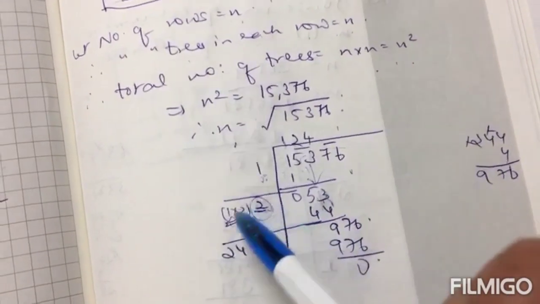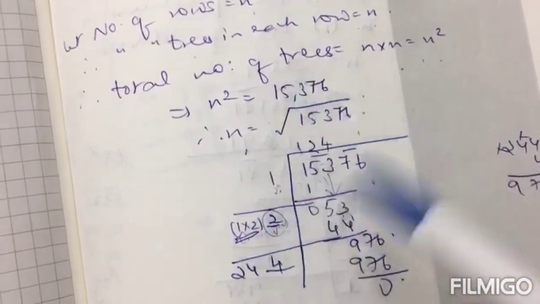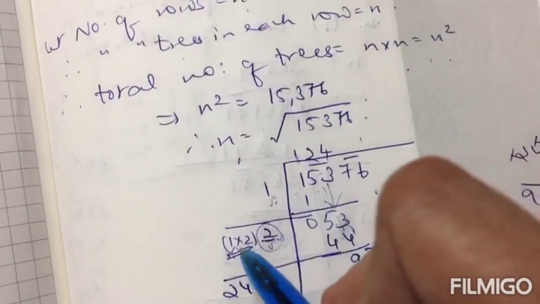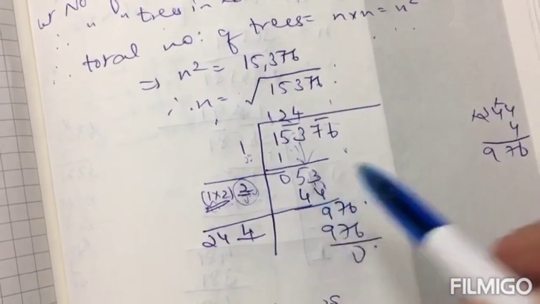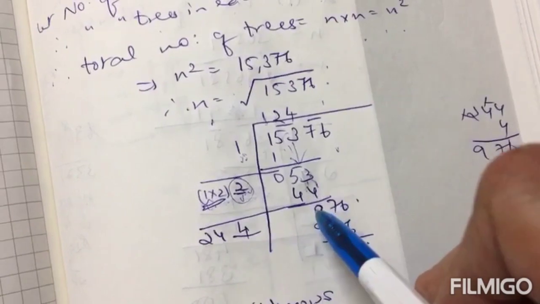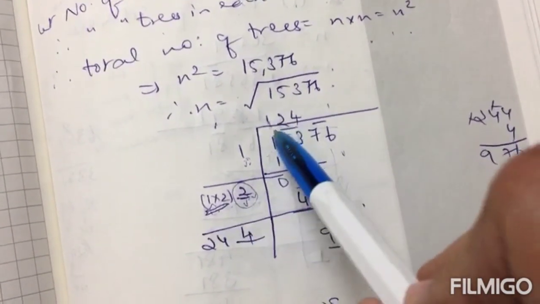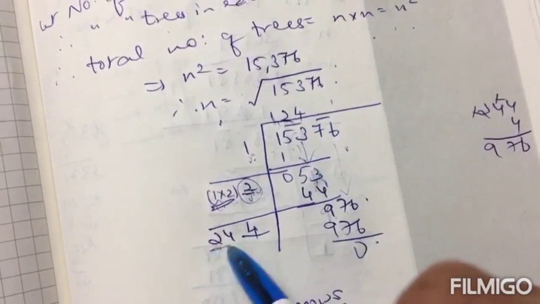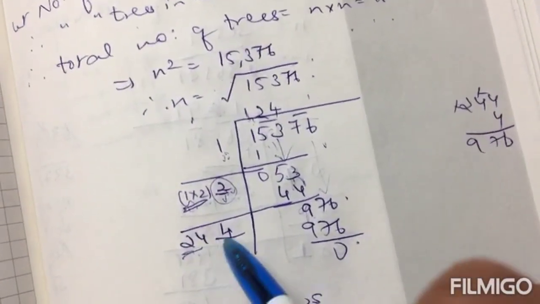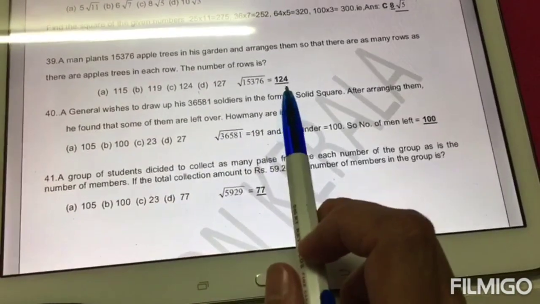For me it is 2, so it is 22 here. 22 into 2 is 44. Balance is 9. You bring the next pair down, 76, and here it becomes 12. So 12 into 2 is 24. So 244 is the right answer.